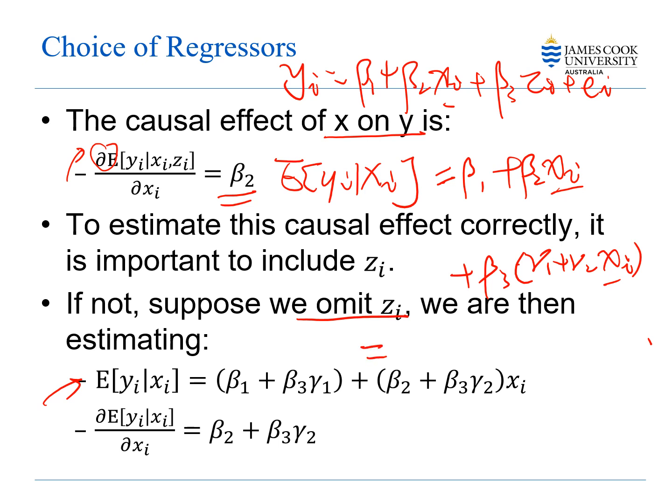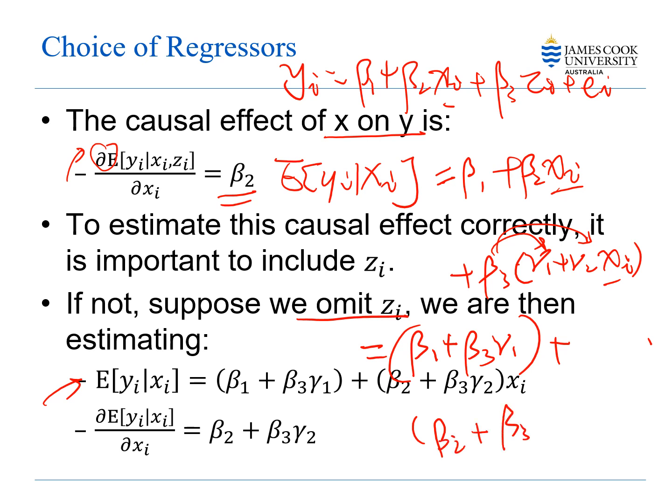Let's rearrange the terms. The constant term is beta 1 plus beta 3 times gamma 1, plus xi times beta 2 plus beta 3 gamma 2. So we have beta 2 plus beta 3 gamma 2 times xi. And that's this.